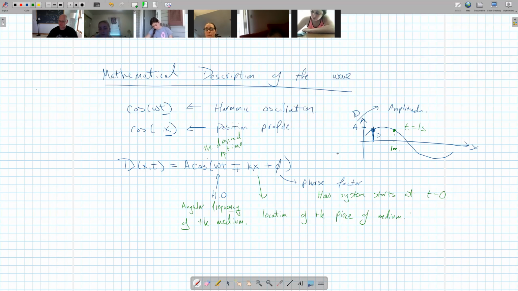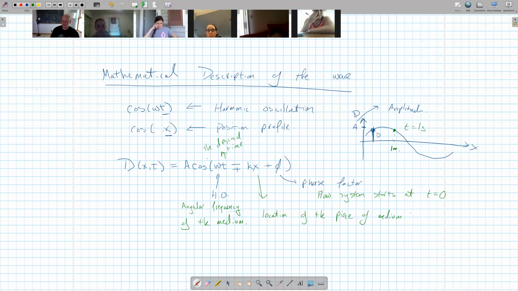So this displacement here is talking specifically about this single piece of medium and how this thing is actually oscillating up and down. Okay, so x here then is the specific piece of medium that I'm actually talking about, its location. So again, if I was dealing with this particular particle at 1 meter, then I would put in 1 meter here. Okay.